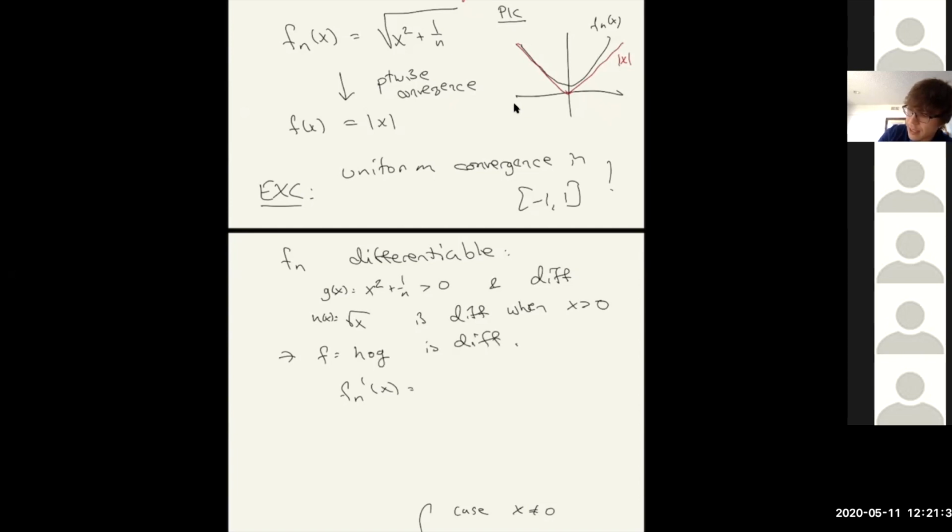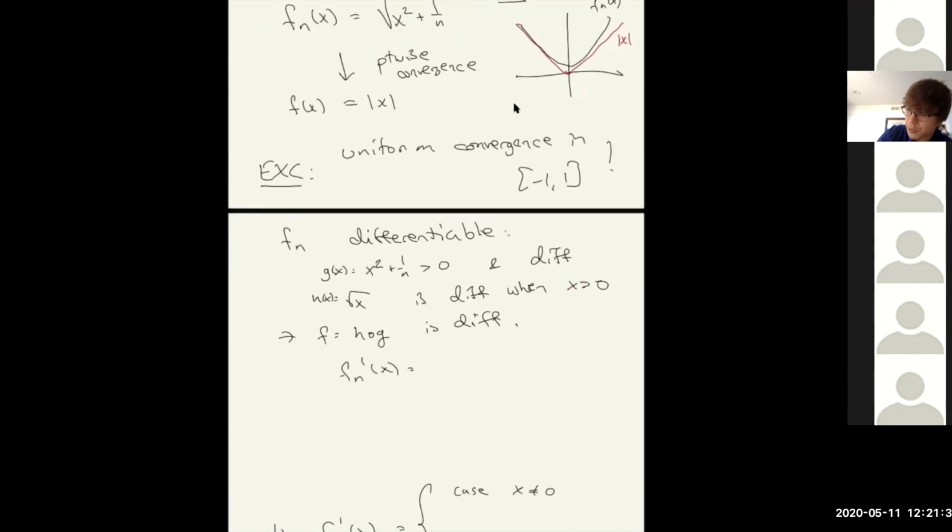And the crucial thing here is that you stay away from x bigger than or equal to 0. And okay, by the chain rule, you can differentiate this. So you get 2x over the square root of x squared plus 1 over n, and the 2 goes away because of the 1/2. So x over the square root of x squared plus 1 over n.